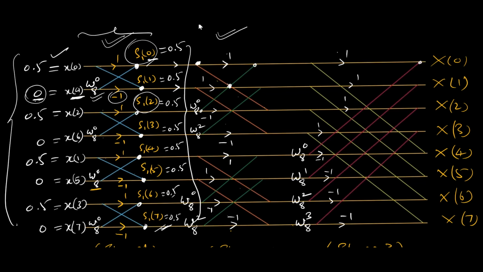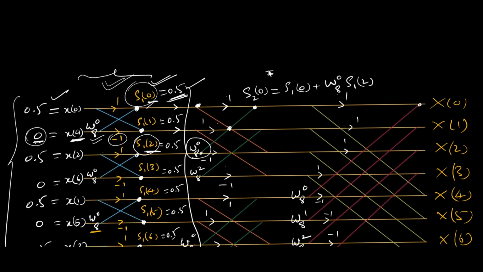Let us mark this point as S2 0, stage 2, 0th sample. So this will become equal to the first input S1 0 added with the other sample multiplied with this twiddle factor, W8 to the power 0 and S1 2.